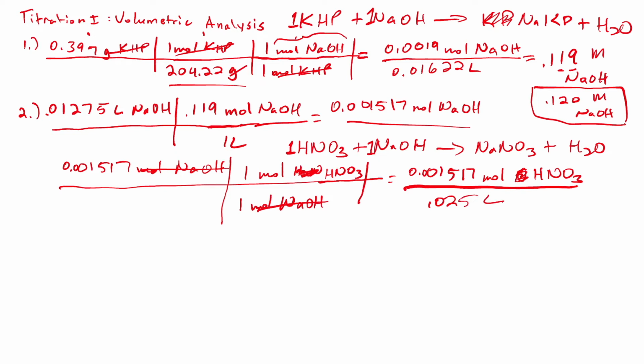And I'll do that real quick. 0.001517 divided by 0.025, and I get about 6, sorry, not 6, but 0.06 molar HNO3. Is that what everybody else got?